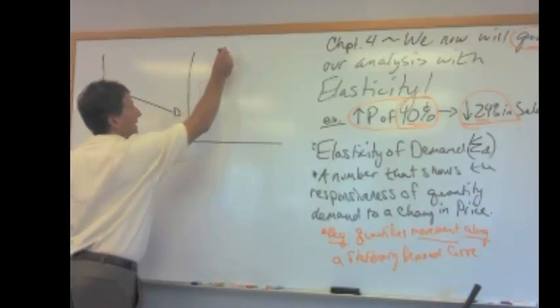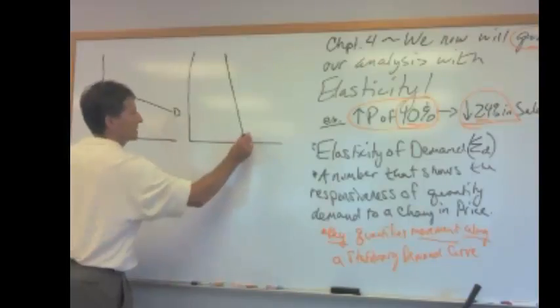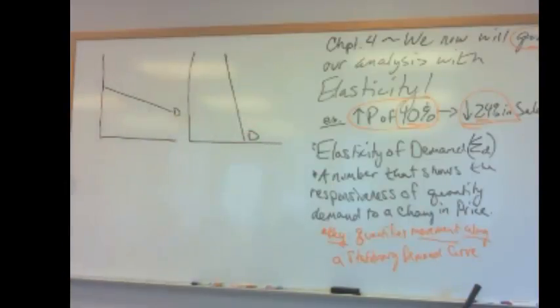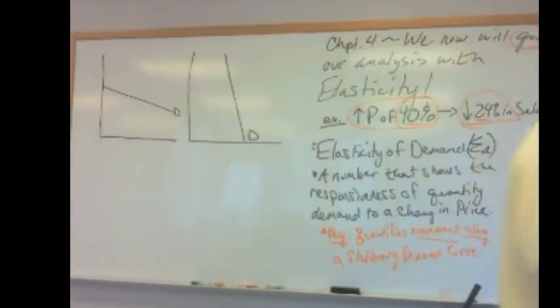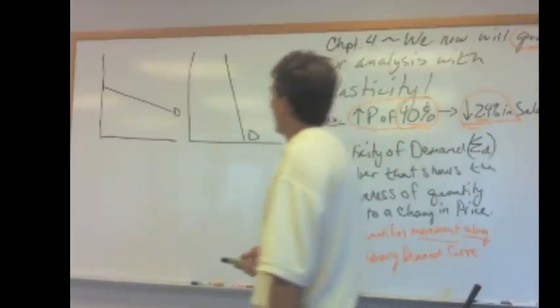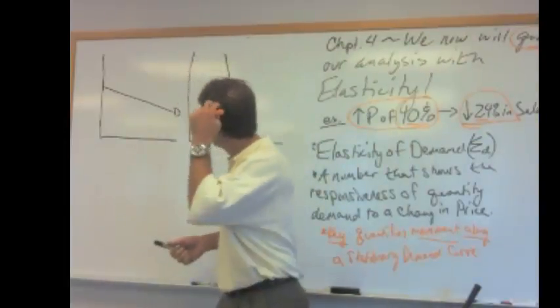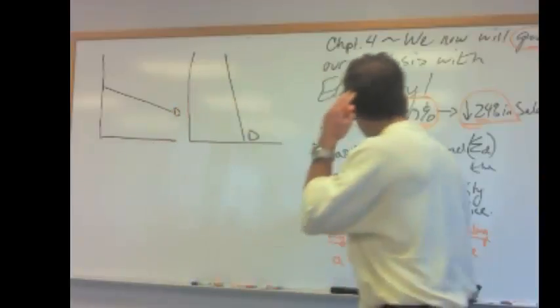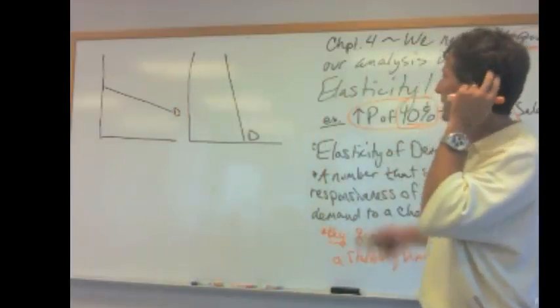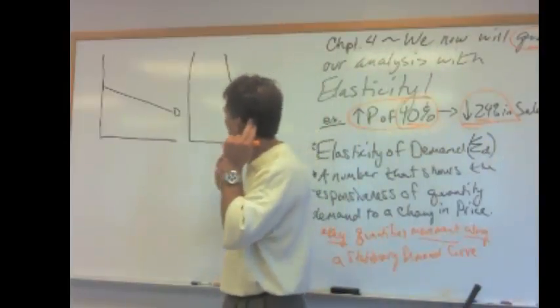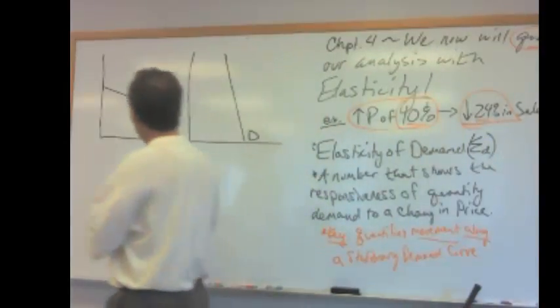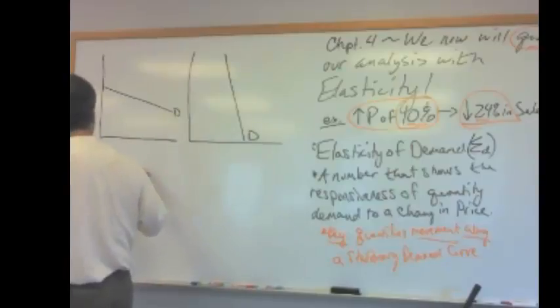The graph to the right, a relatively steep demand curve. So the slope of the demand curve makes a difference on this responsiveness business. Which demand curve do you think is more responsive, i.e. more elastic? More responsive, more elastic. Situation A or B?